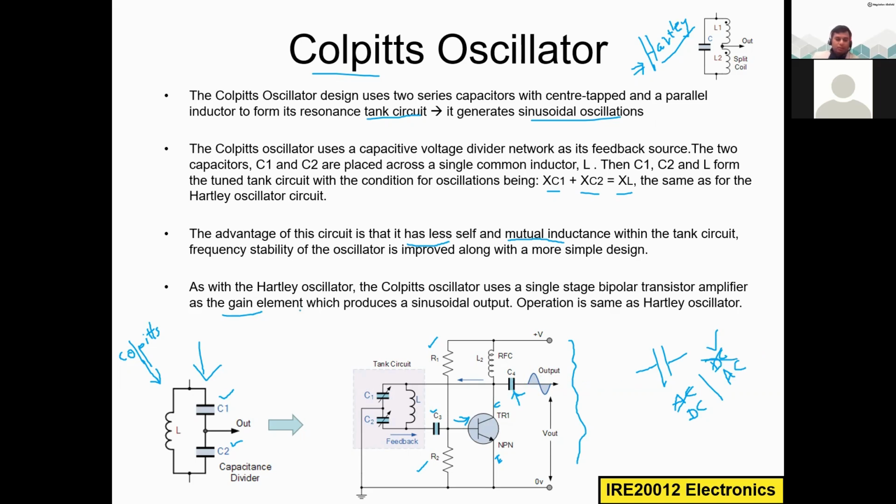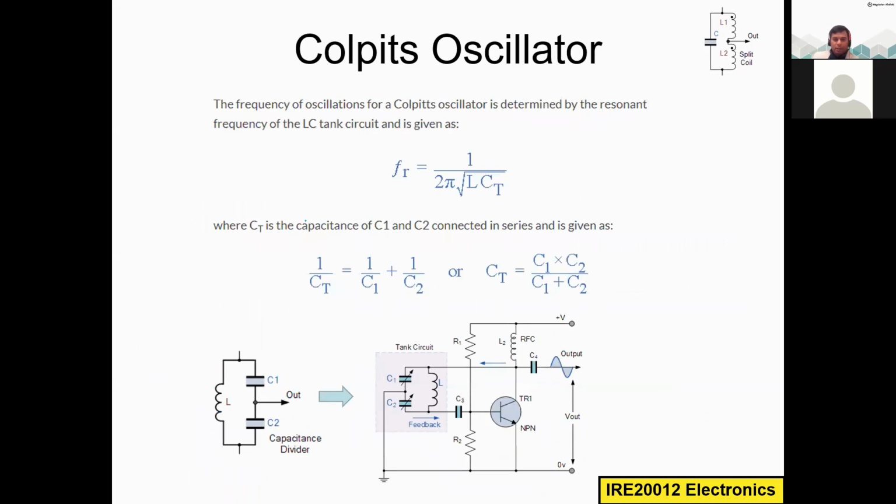Now we will see the oscillation formula. The frequency of oscillations for a Colpitts oscillator really depends on the tank circuit design. FR, the resonant frequency of the Colpitts oscillator, is equal to 1 divided by 2 pi square root of LC.